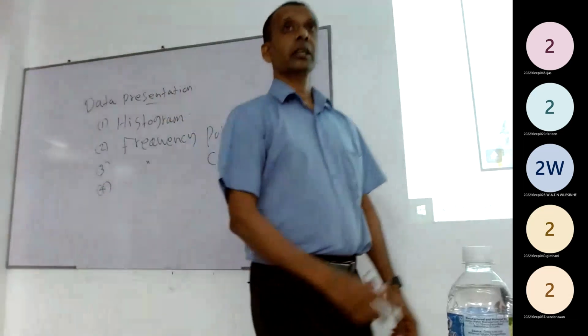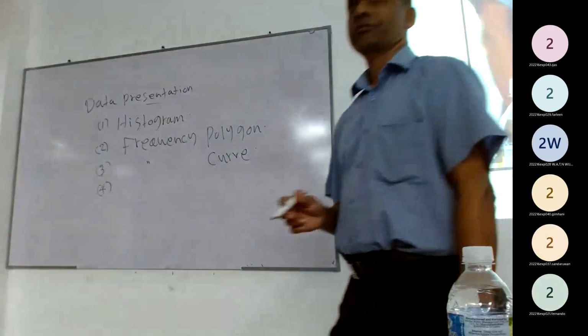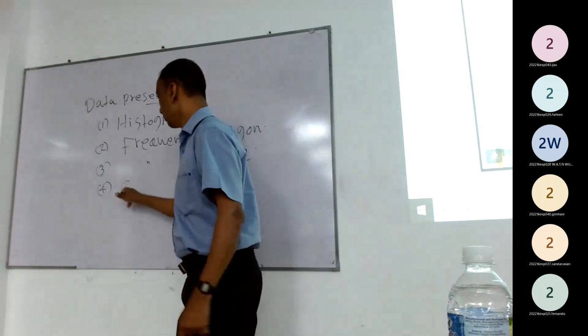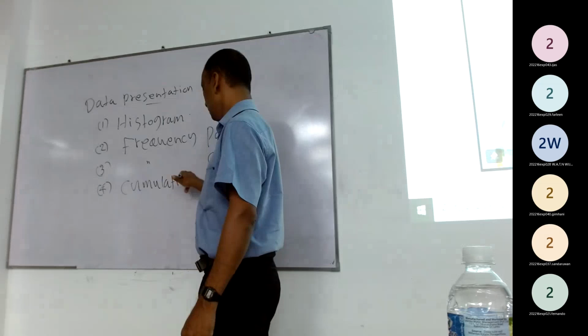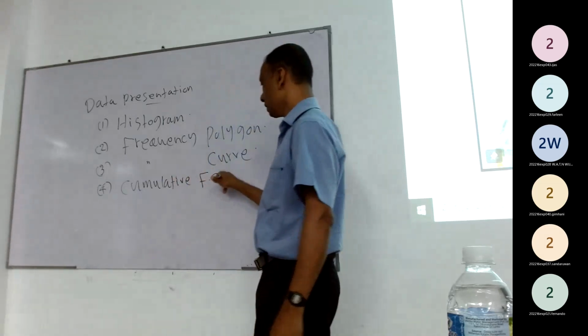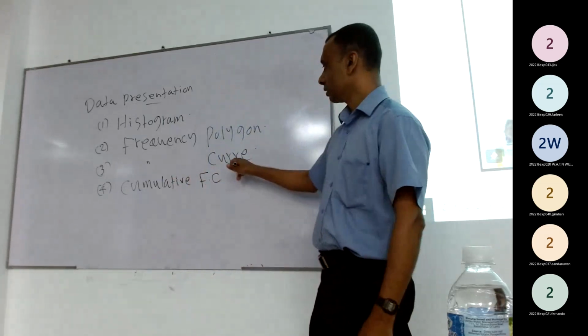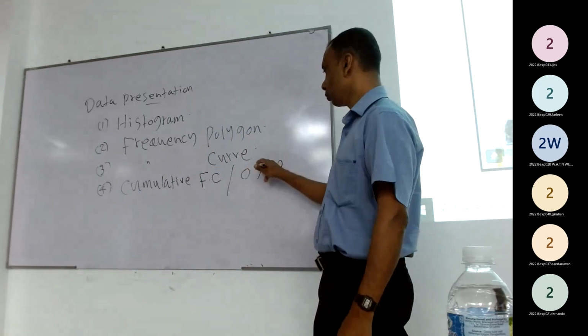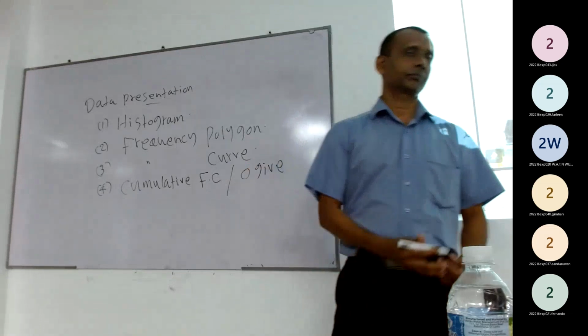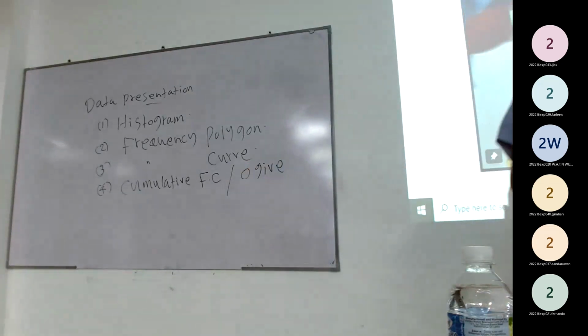Fourth one, cumulative frequency curve. Otherwise, it is called ogive.